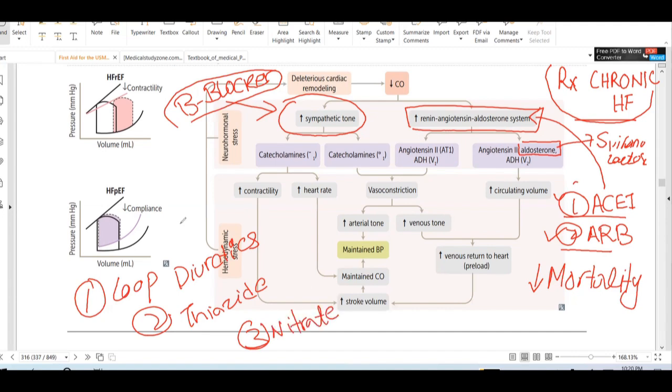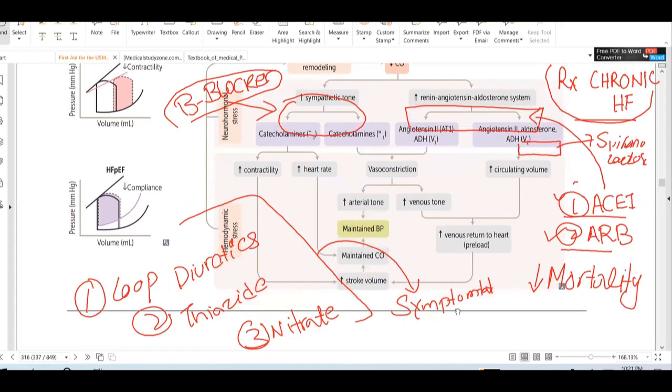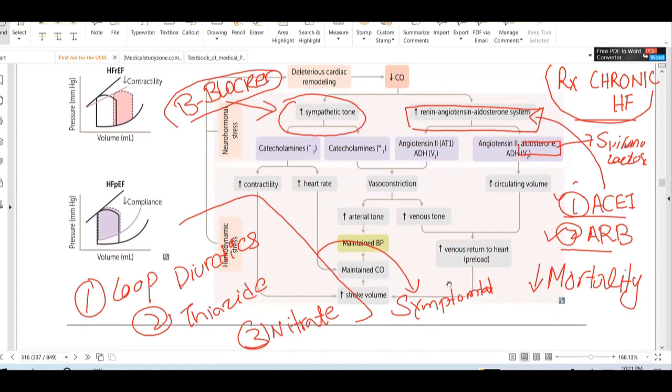These three drugs are used for symptomatic relief of the patient in acute heart failure.